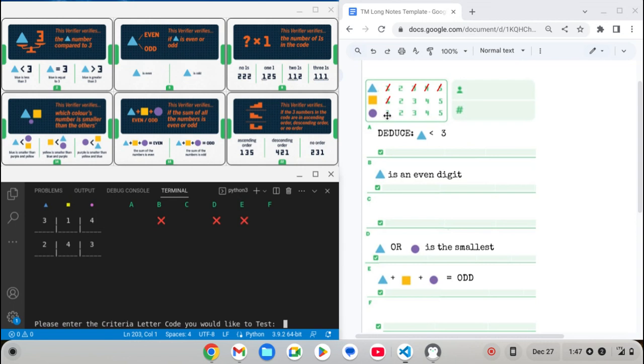And if not, that would mean that triangle would have to be the smallest. Yeah, I think that might be a good test. Let's actually do criteria card C.